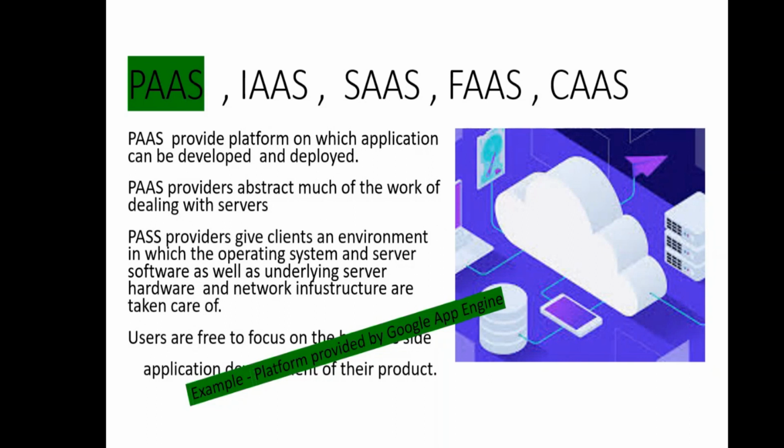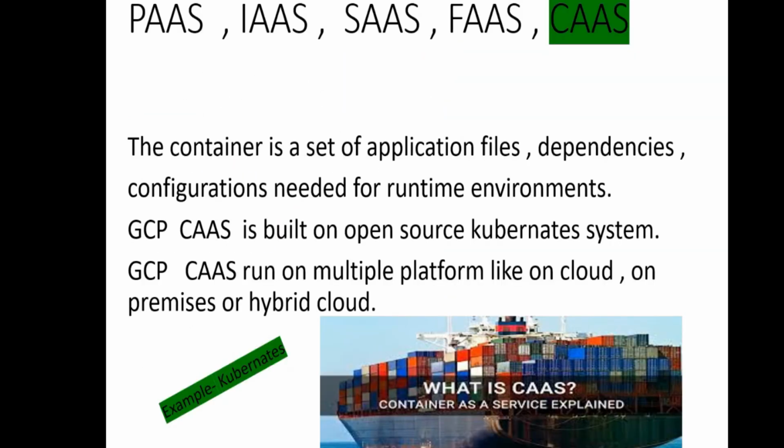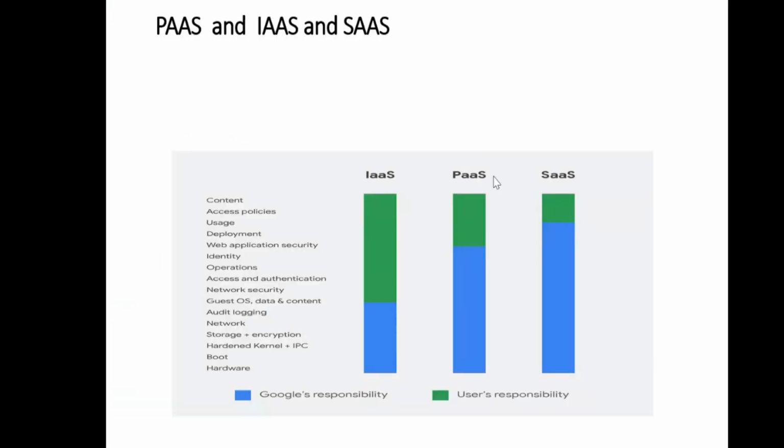So the question is, how does this PaaS work? Just see this diagram. Just now I told you about this diagram, right? In the case of PaaS, platform as a service, these are the Google responsibility, and this is the user responsibility. In the user responsibility, you'll find deployment, web application security, usage.